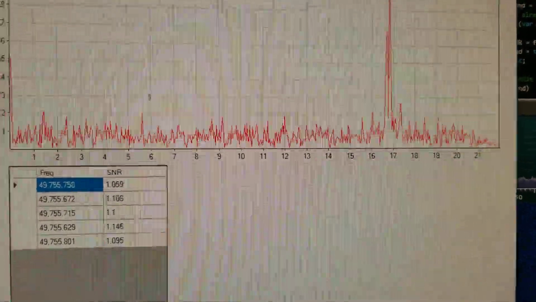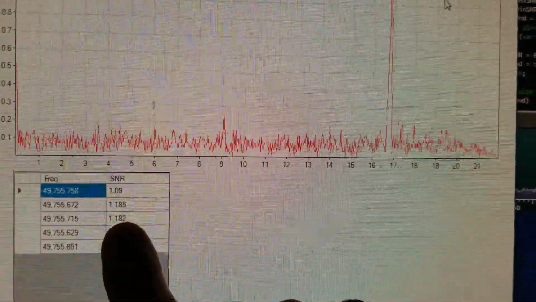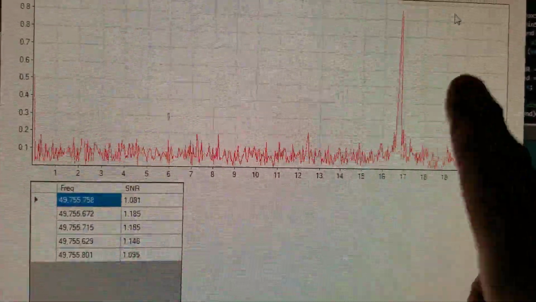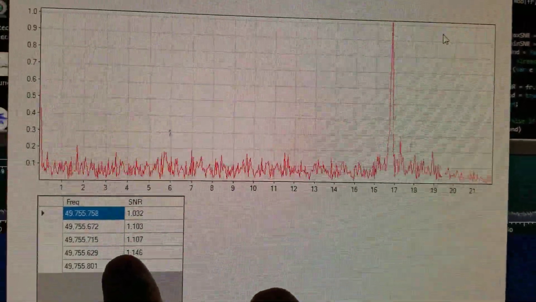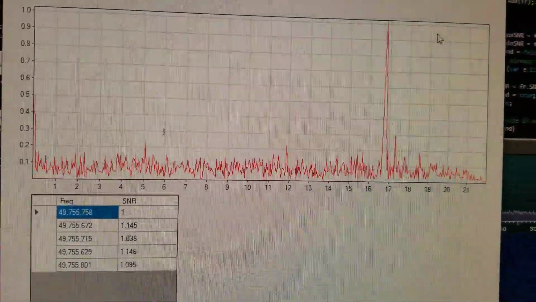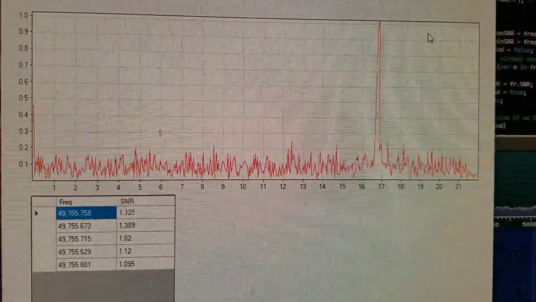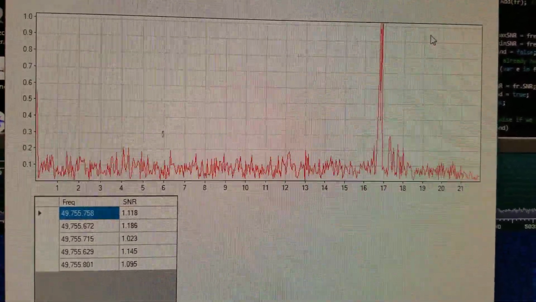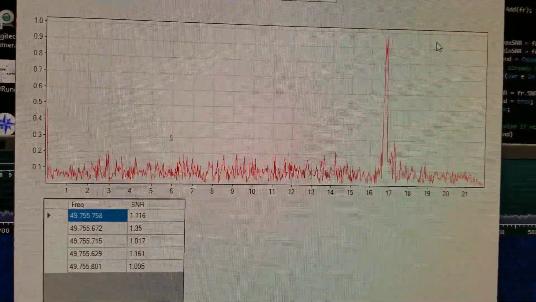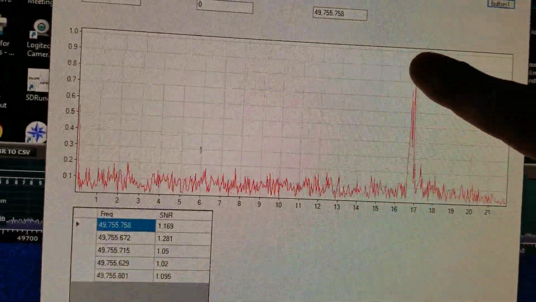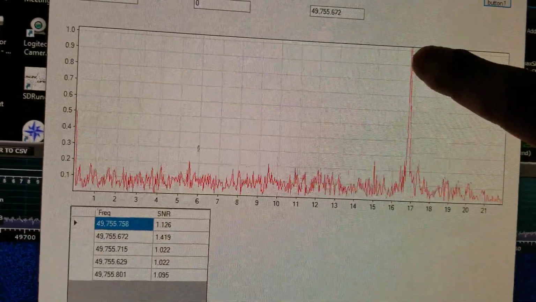Okay, so then it's updating the signals, these signal strengths. This is currently set to only update when the signal strength is above 1. So it's really only updating the variations that are occurring way up here.